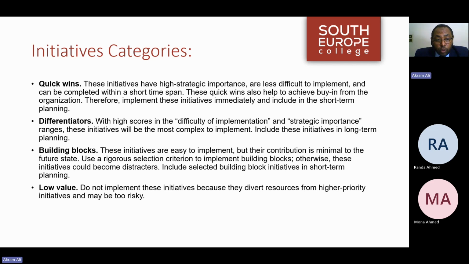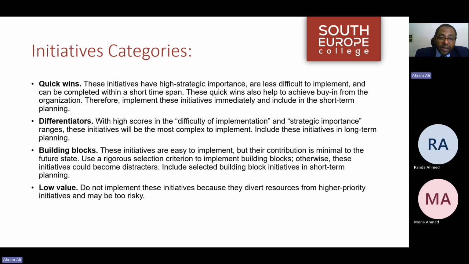We have building blocks. These initiatives are easy to implement, but their contribution is minimal to the future state. Use a rigorous selection criterion to implement building blocks. Otherwise, these initiatives could become distractors. Include selected building block initiatives in short-term planning.